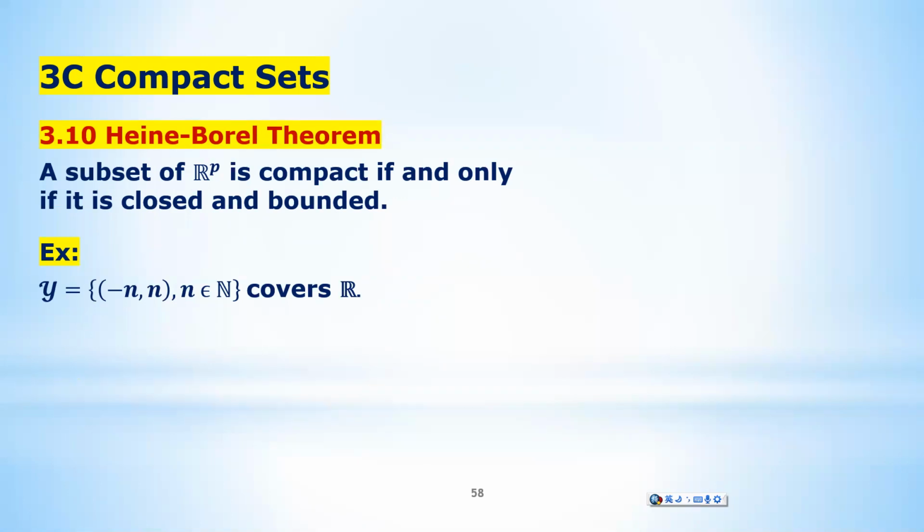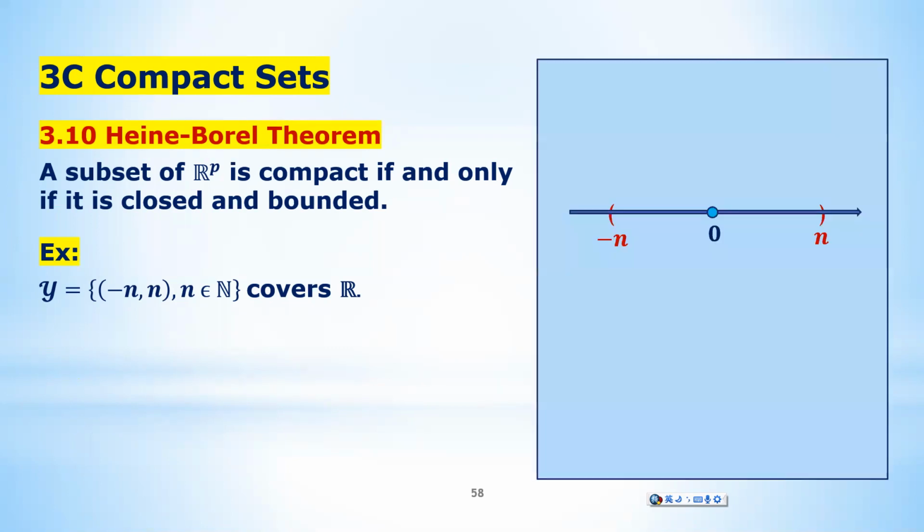This covers the whole space R. And then you can see that if you only use a finite number of them, the union of these finite number of intervals cannot cover R. No matter how large it is, as long as it's finite, they can only cover a finite portion of R, right?